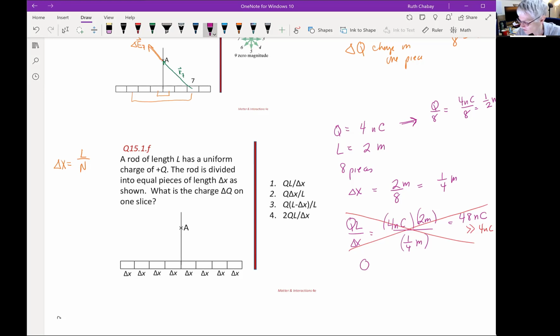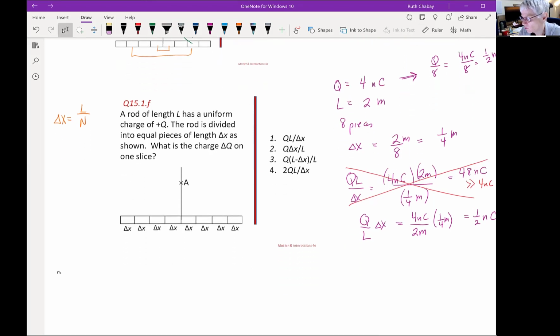So let's try Q divided by L times delta x. 4 nanocoulombs divided by 2 meters times 1/4 of a meter. So 4 divided by 2 is 2, times 1/4 is 1/2 a nanocoulomb. So that's clearly right.